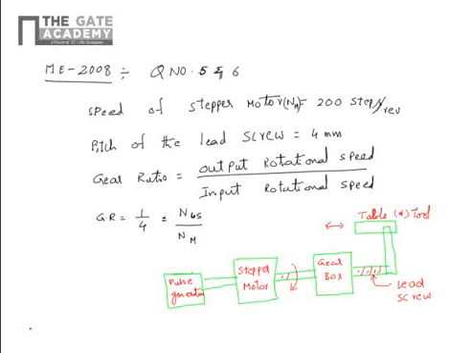The fifth question asks: the basic length unit of the table is the table movement corresponding to one pulse of the pulse generator.